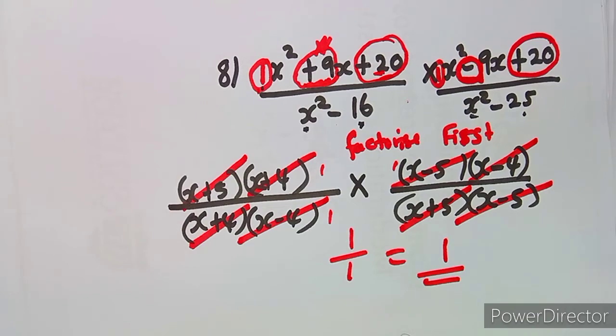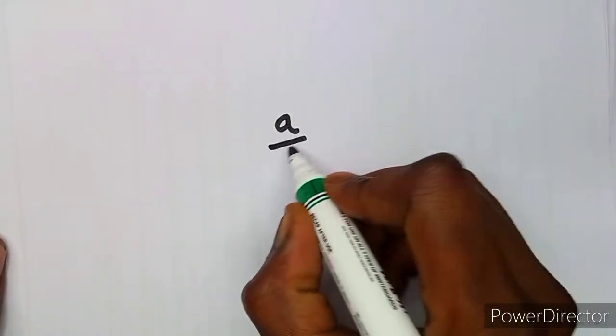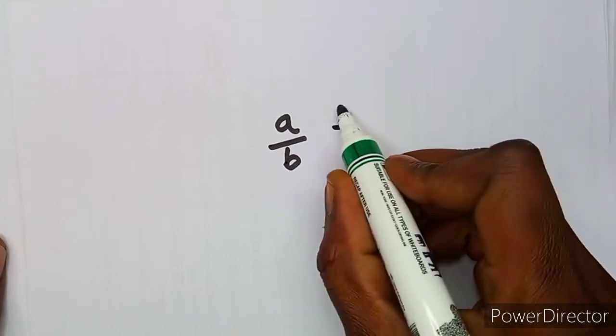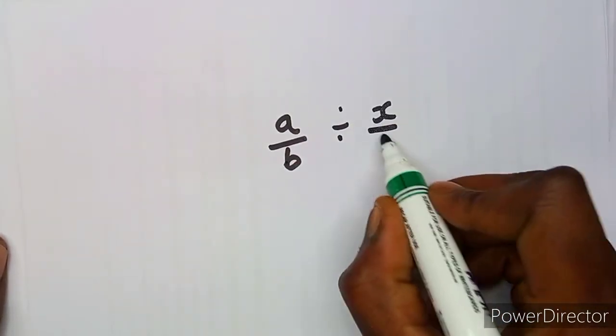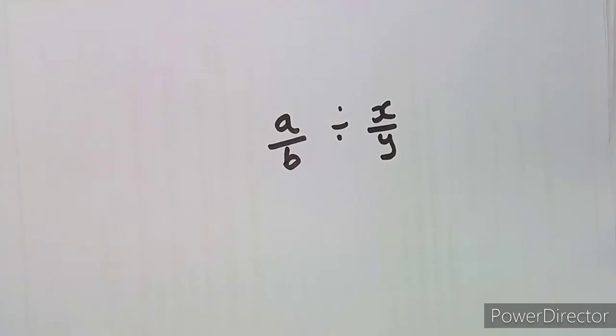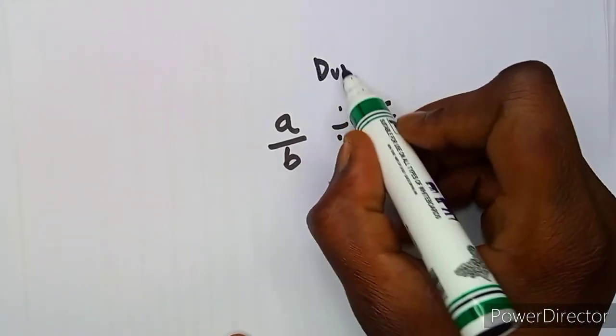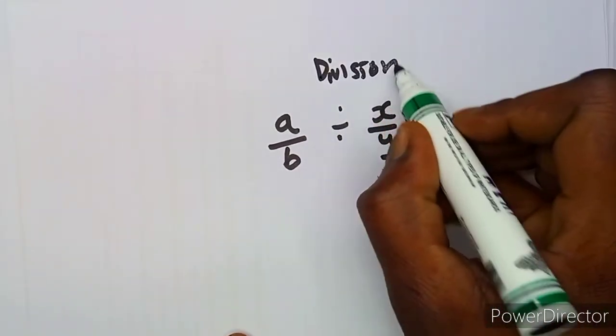So that's the concept, guys. All right, so it's the same thing even under division, but under division, what you're going to do is that, given a over b like this, dividing by x over y like this, whenever you are dividing, this is the concept for division.